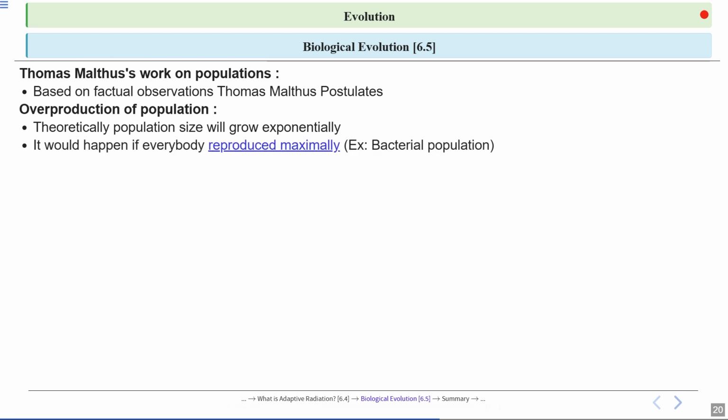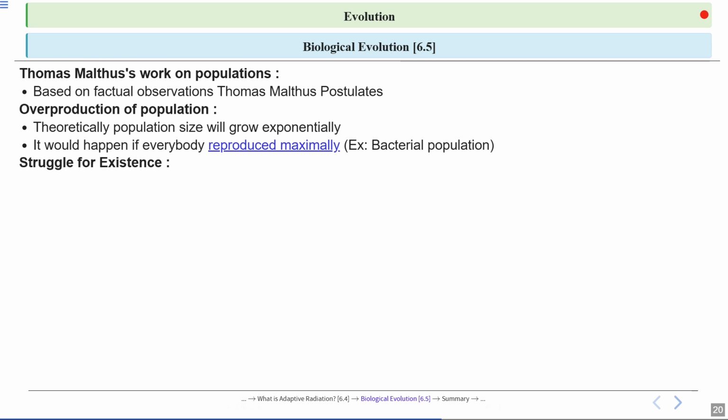But in which case will there be exponential growth in the population? When the resources are unlimited and when everybody is reproducing maximally. For example, in the case of a bacterial population, when you provide the resources, the bacteria grow exponentially. They show exponential growth because they are reproducing maximally, which they do when the resources are not limited.